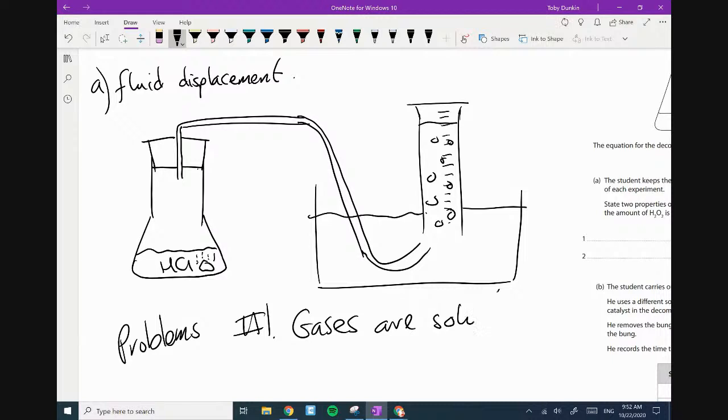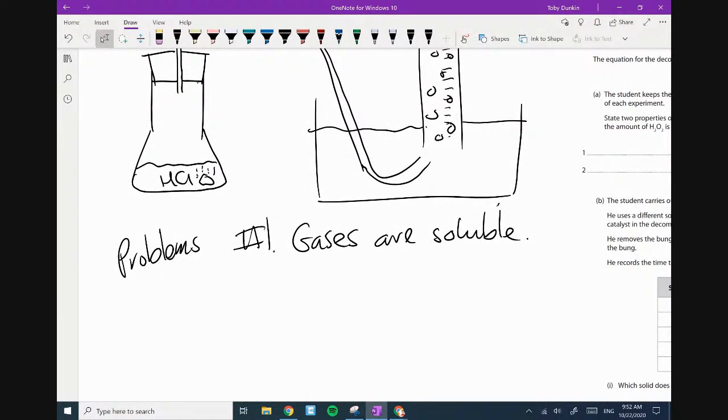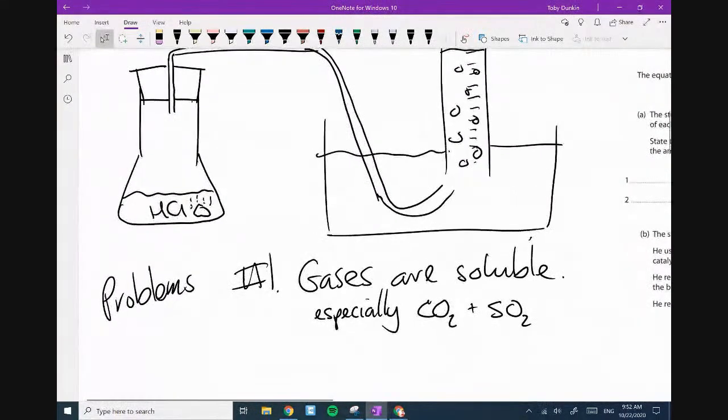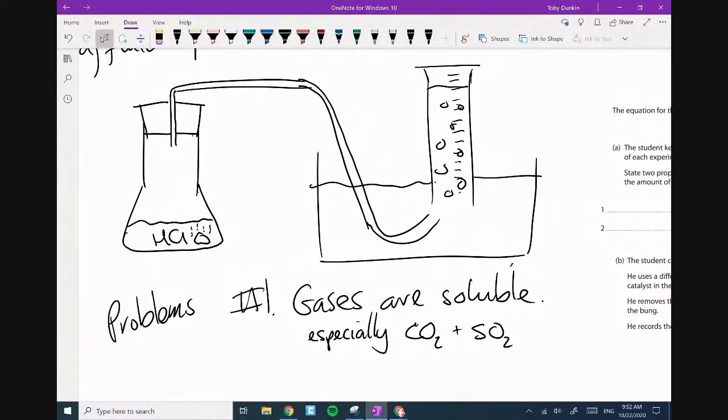You need to know two particular gases that are very soluble, especially CO2 and SO2. Just to also tell you that the hydrochloric acid is as well. But those two commonly appear by Edexcel.